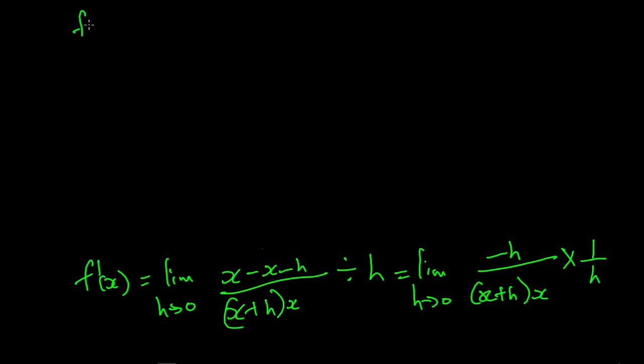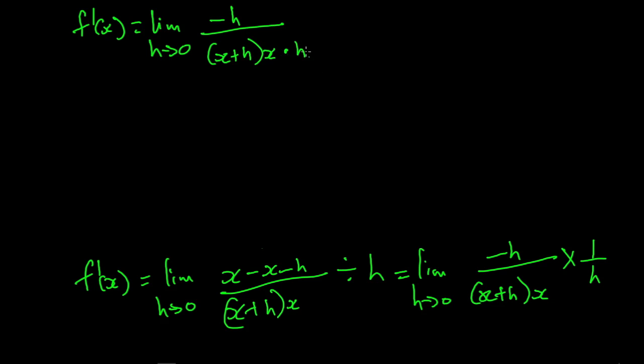And therefore f prime of x, which is our derivative, is equal to the limit as h approaches 0. We are left with negative h all over x plus h multiplied by x, then multiplied by h. This h is going to cancel out this h, therefore we are left with negative 1 here.